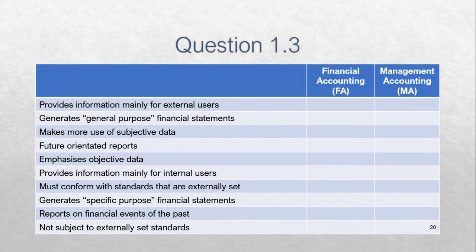Okay, so let's go through question 1.3. In the chat function, I've given the abbreviation at the top of each column, so you can just type in whether you think it's FA or MA for the first line item. So the first one is provides information mainly for external users. Who do you think provides information for the external users?